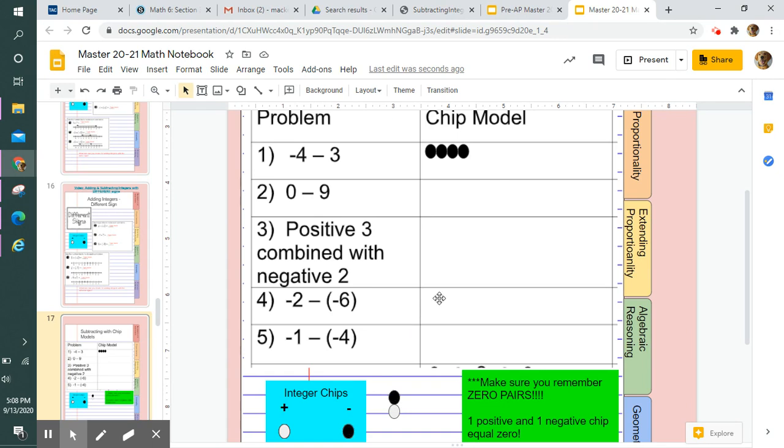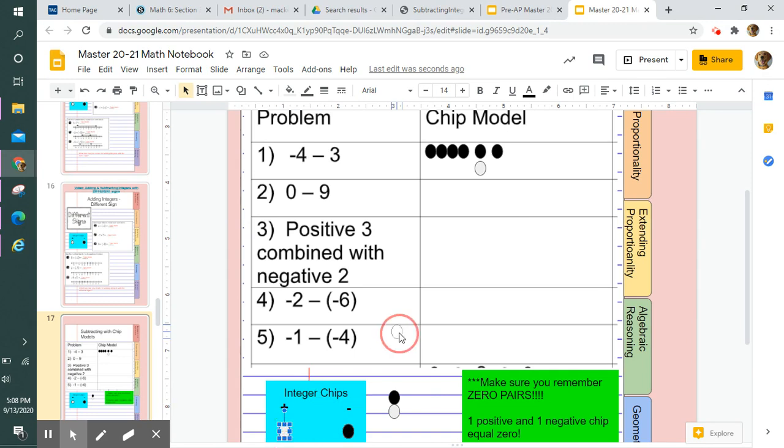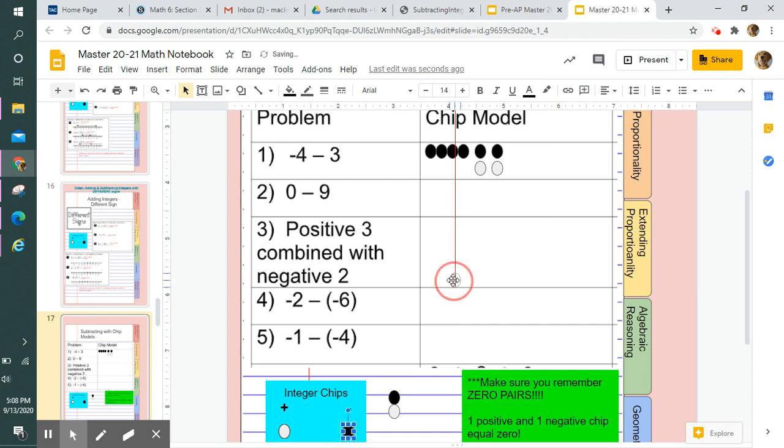So I'm going to take 1 negative and 1 positive, because that's equal to 0. I'm going to take another negative and another positive, because that's also equal to 0. And I'm going to take one more negative and one more positive.